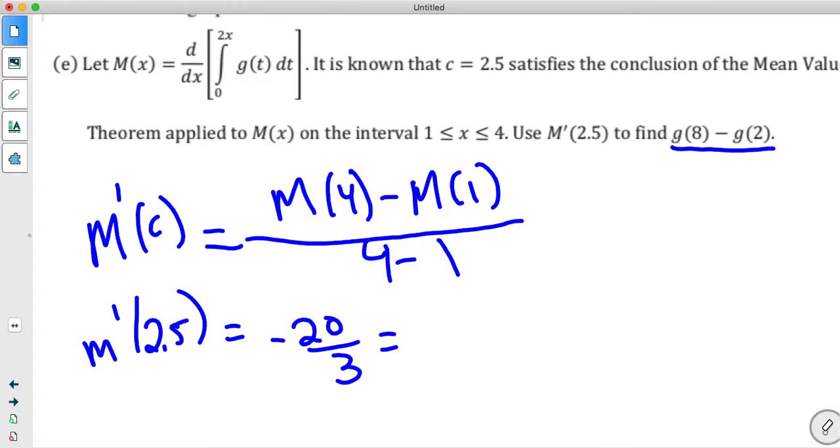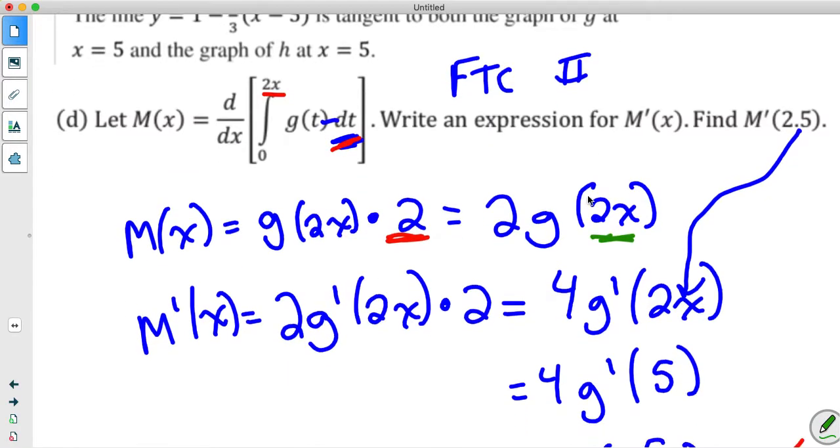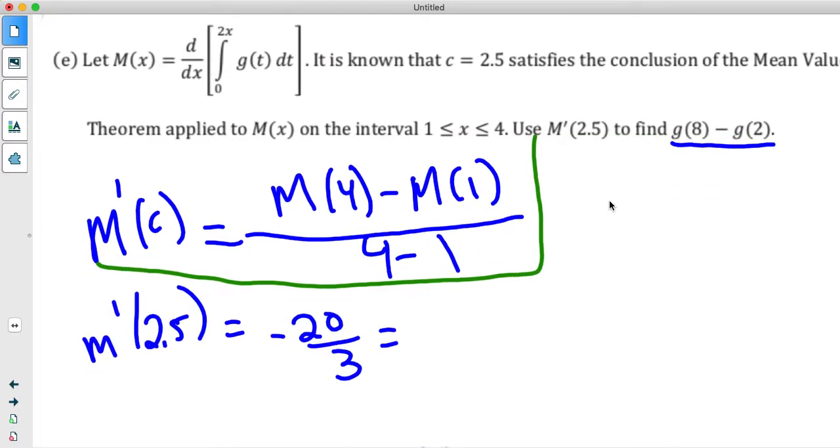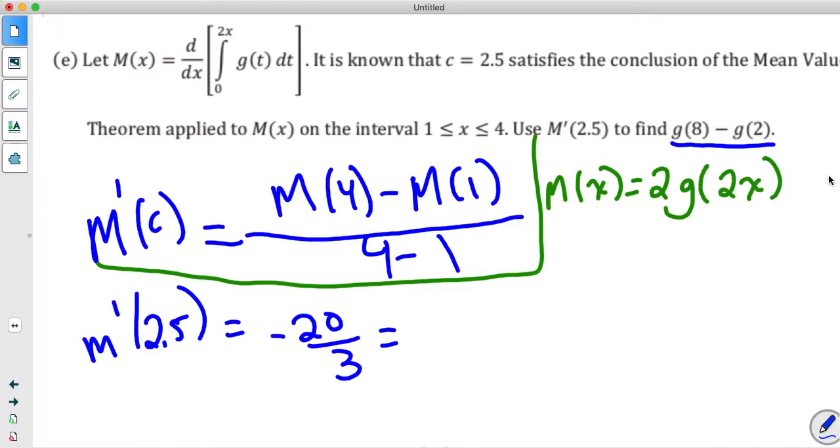So m of 4, let me just erase this here. Let me switch this up. I'm going to block this off right here. If we come back over here to this part, we have a formula for m. So I'm going to steal this formula right here because this is the other part that I was missing also. I just wasn't really thinking about it. So m of x is equal to 2 times g of 2x. When I use m of 4, I'm going to plug that in there.